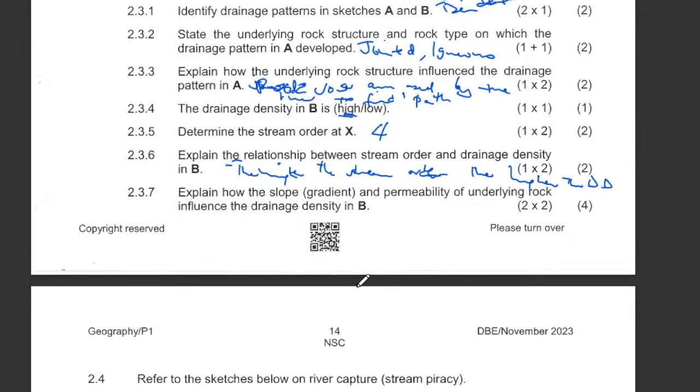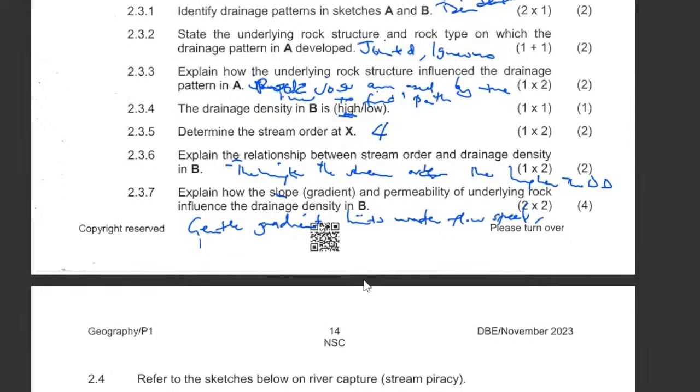Explain how the slope and the permeability of the underlying rock influence drainage density at B. That was gradient, gentle gradient, limits water flow speed, allowing many streams to exist on the surface of the earth.